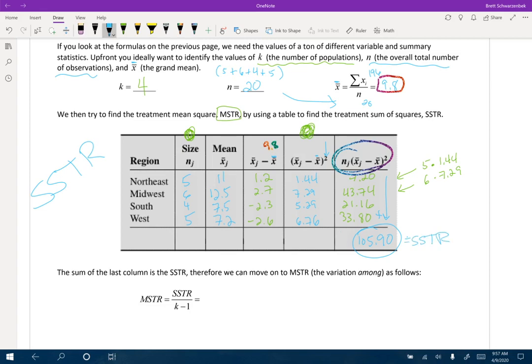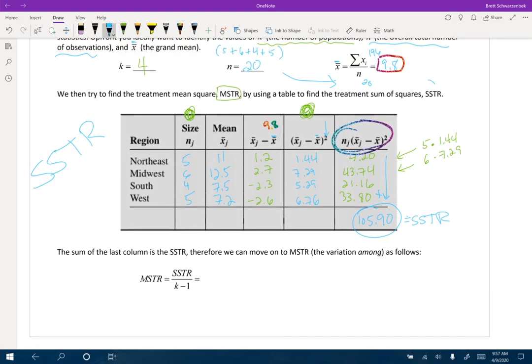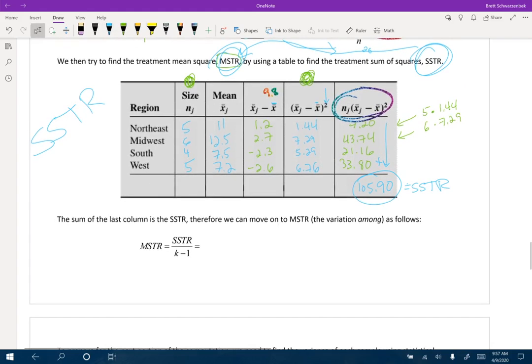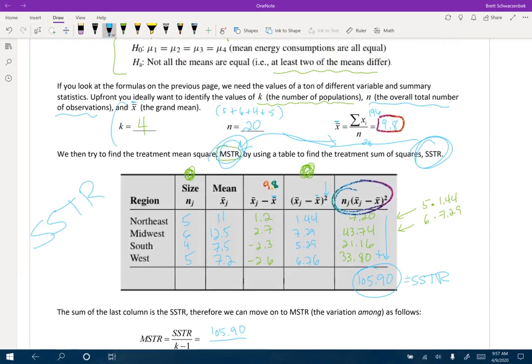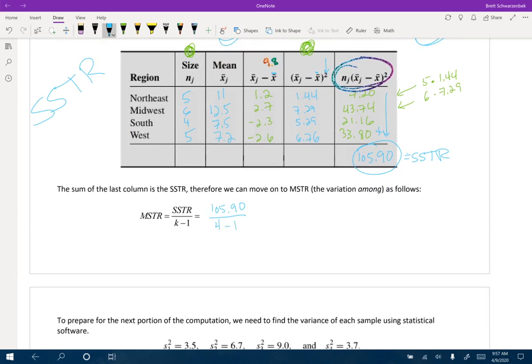So what was the goal of this? The goal of getting SSTR was to calculate MSTR. What's the formula for MSTR? It is SSTR divided by k minus 1. So we take our 105.90 and divide by k, which is 4 populations, minus 1, which is equal to 35.3.